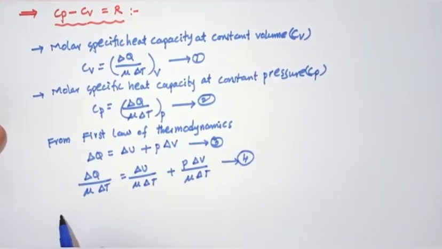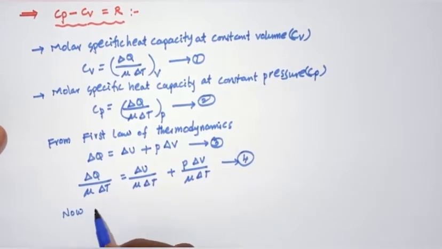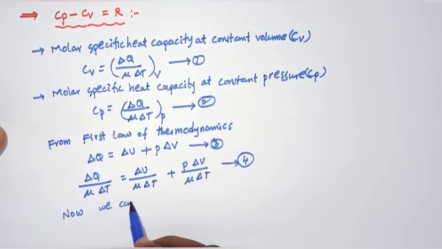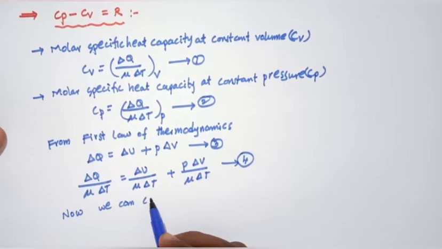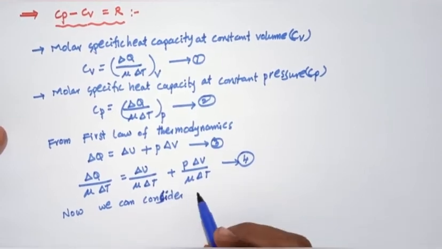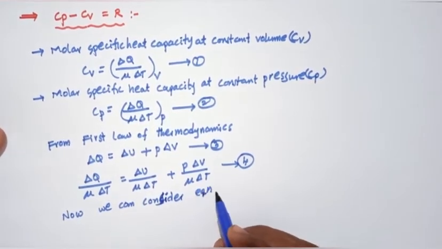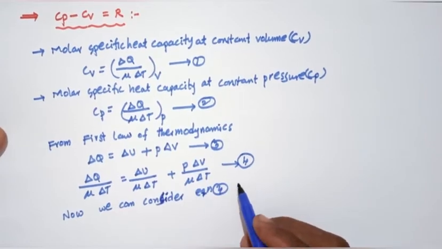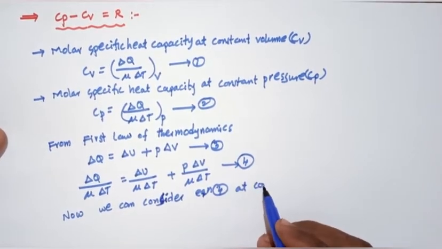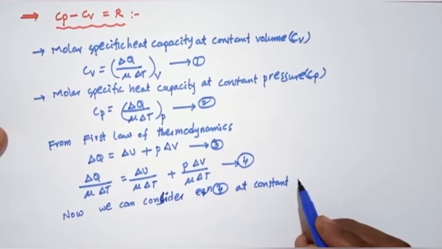Now we can consider equation number 4 at constant volume.